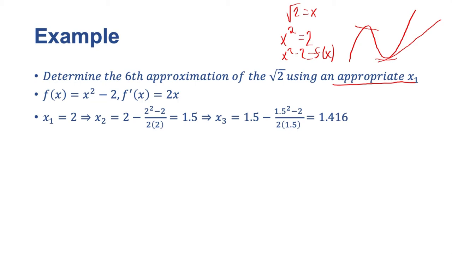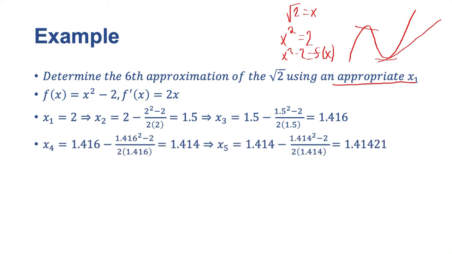All right, so now we have our x3. Let's find our x4 and x5 here. This might be a little bit tricky with all of the decimals we're going to be dealing with. So we have x4 is going to be 1.416 minus (1.416 squared minus 2) over (2 times 1.416), and this is going to be 1.414. So as you can see, our approximations are beginning to converge.